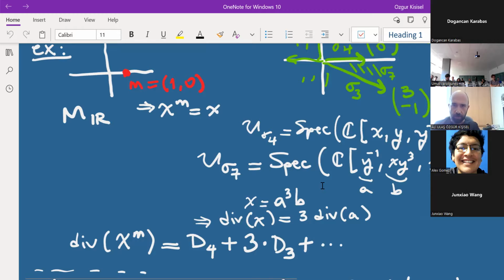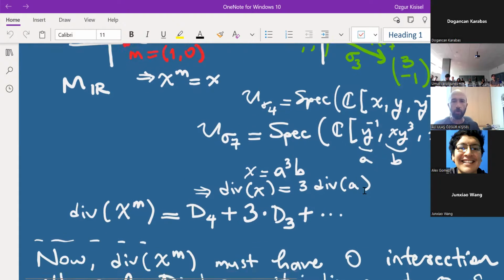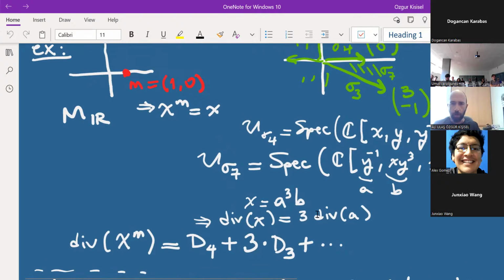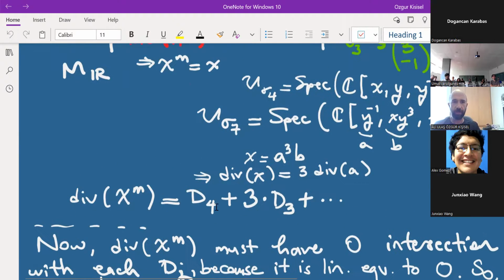Did I write D7? It should be D3, I'm sorry. Therefore, if you set x equal to 0, you get 3 times what you want. So the divisor of this meromorphic function is D4 plus 3 times D3 plus other things coming from the other one-dimensional rays.